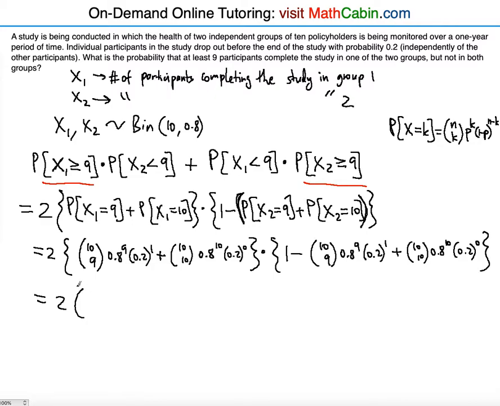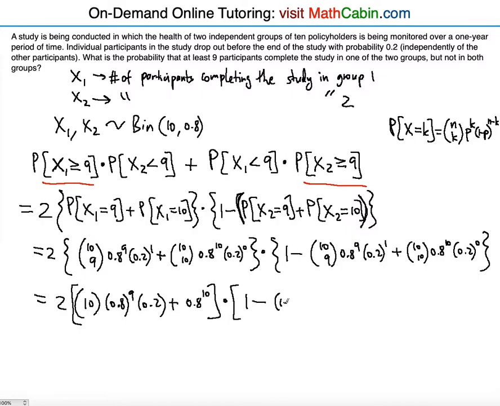Right, so that's going to be 10 times essentially 0.8 to the 9th times 0.2 plus, so these things are 1, so it's just 0.8 to the 10th. Okay, and then multiply it to 1 minus this whole thing, right?